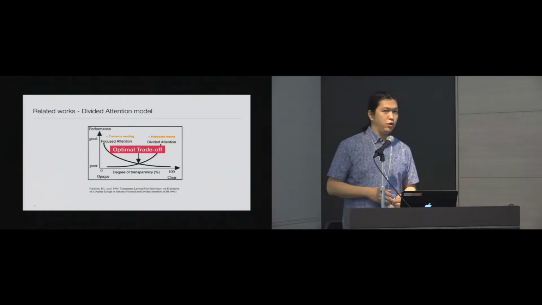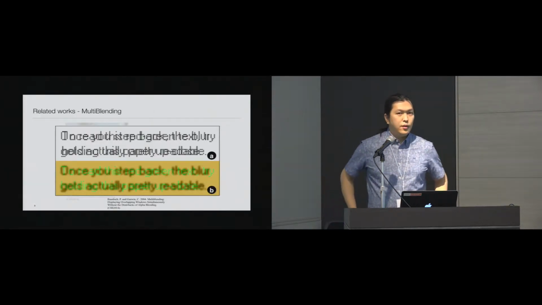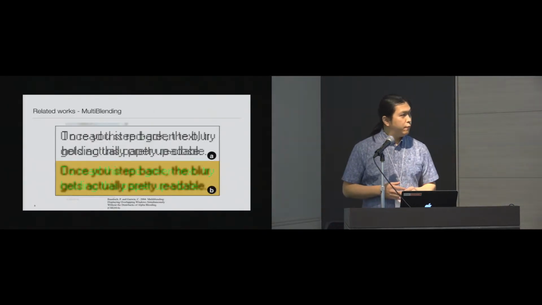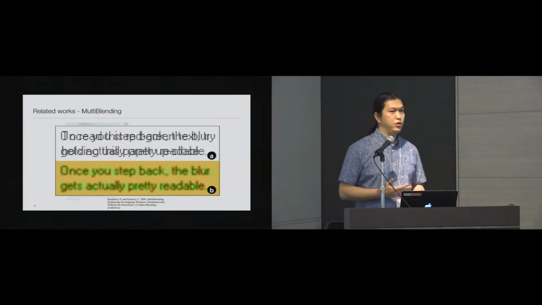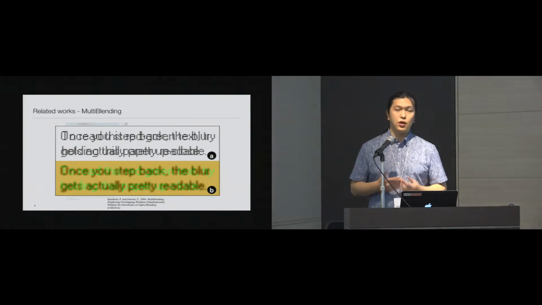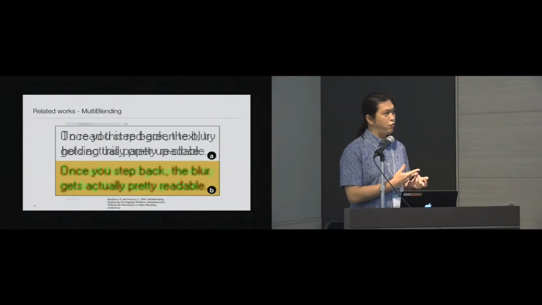So in this case, the design is only changing the transparency level. There are other approaches, for example, multi-blending from Patrick Baudisch, which is trying to assign different attributes to different layers of the contents. If you're focused on the color of the contents, you can probably read the red, green text, and so on.